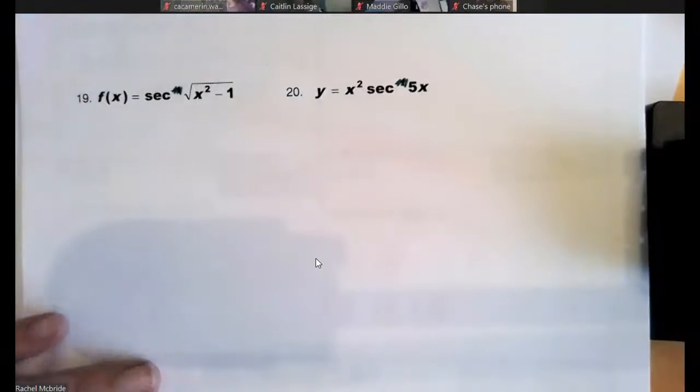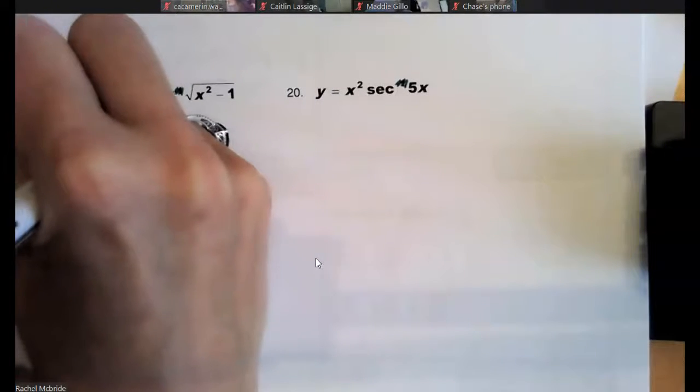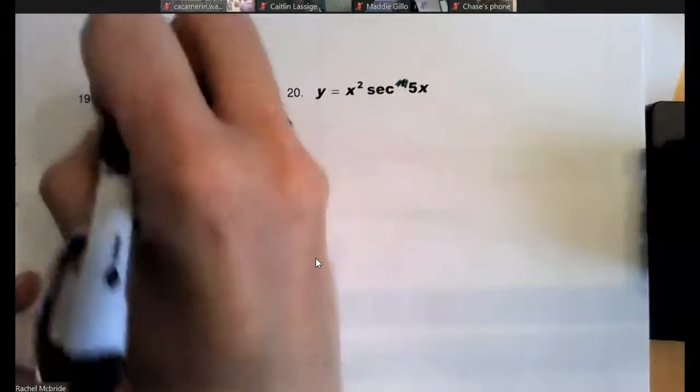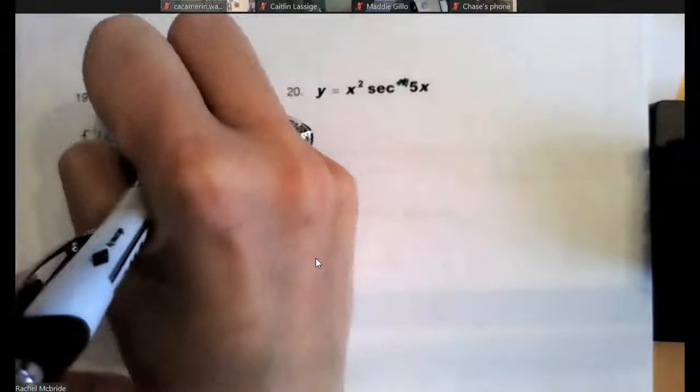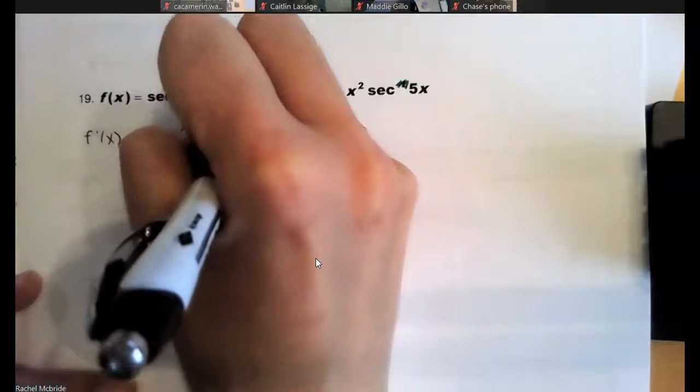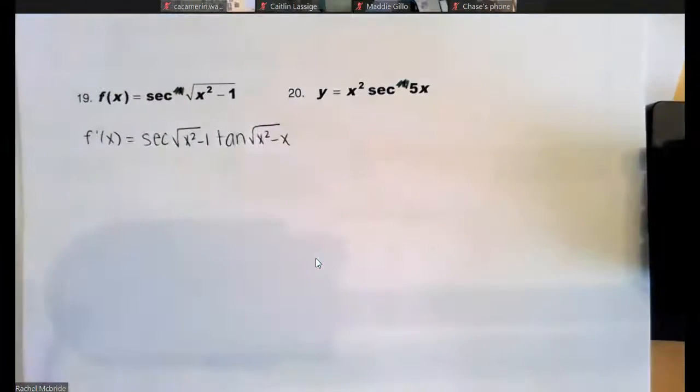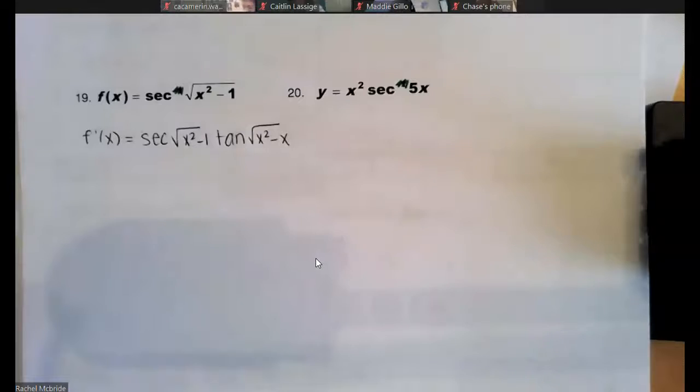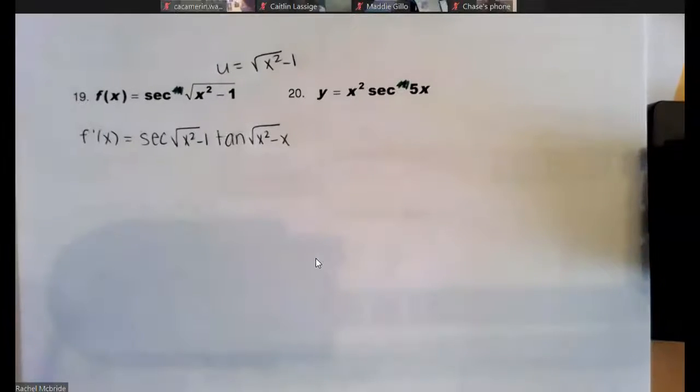Okay? And then 19, f prime of x, derivative of secant is secant tan. Now this one, you got to be careful. You need to make sure you write that secant and tan with the square root. So that square root's kind of like my u value, so it's kind of like secant u. So derivative of secant u is secant u tan u times u prime.